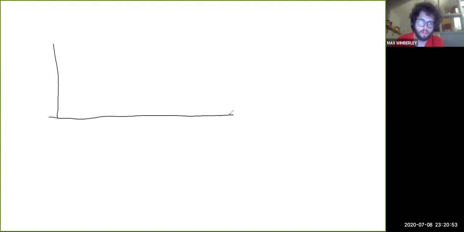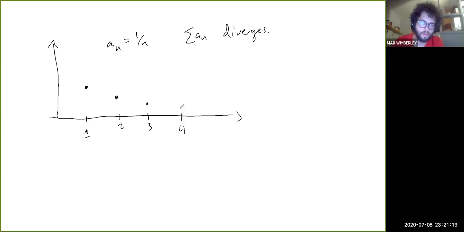Basically, what you can have is a function which, let's plot some points here. Let's say a_n equals 1 over n, right? The series of a_n, we know this diverges. So here's x equals 1, here's x equals 2, here's x equals 3, here's x equals 4.